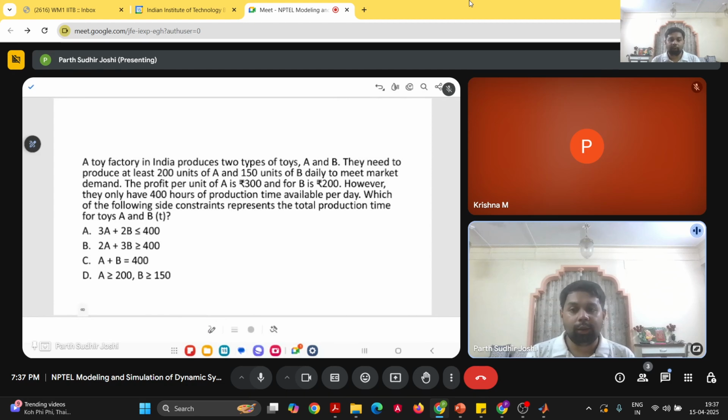We have been given the profit per unit of A. So if A and B are, let us say, the number of units of A and B, capital A and capital B, let us say they are the number of units. So then which one do you think is the correct answer?